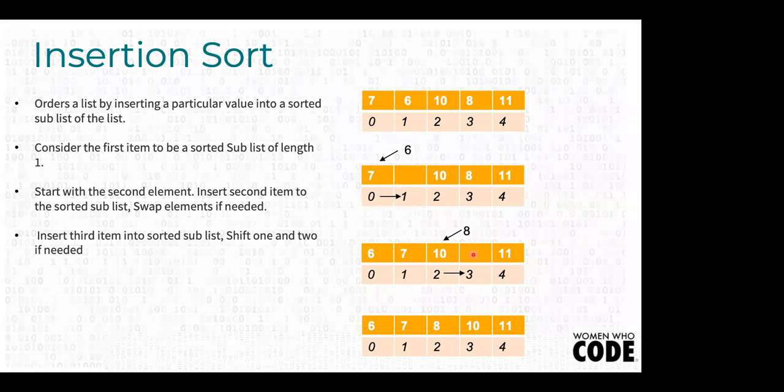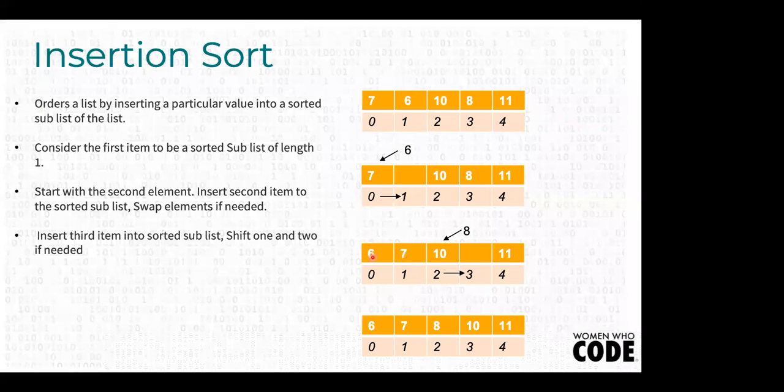Now we take 8 and compare 8 with 10. 8 is less than 10, so you do a swap of 8 and 10, and then compare 8 with all the elements in the left half, just to make sure it's in the right order. Here, 8 is greater than 7, so you don't have to worry about it.